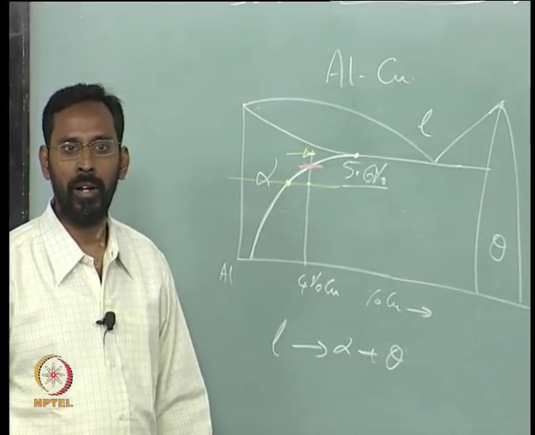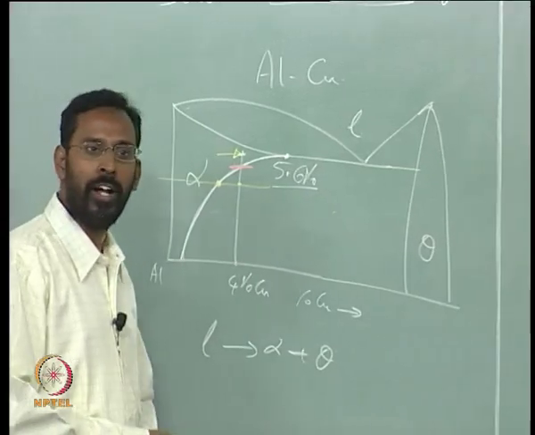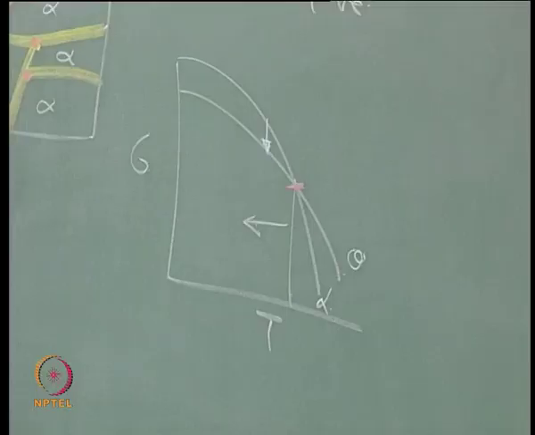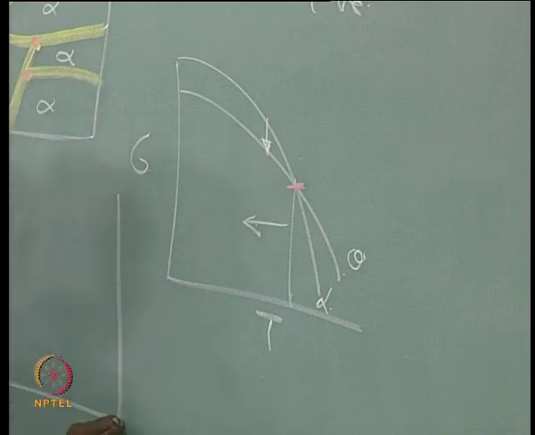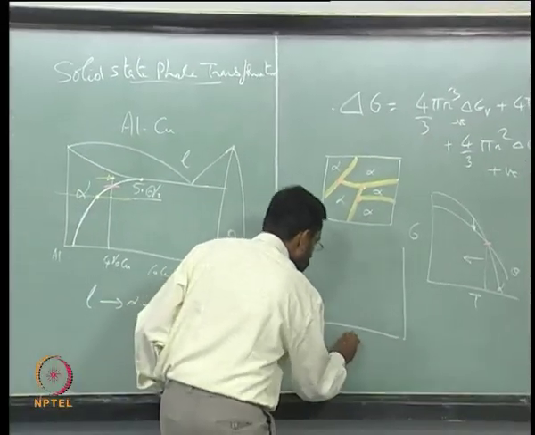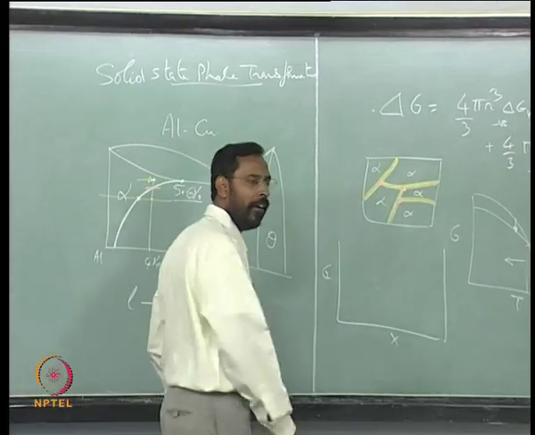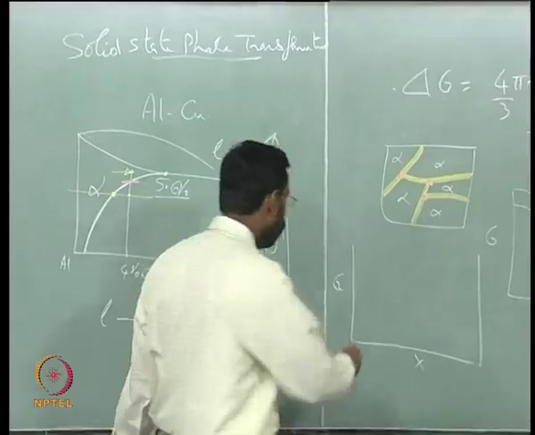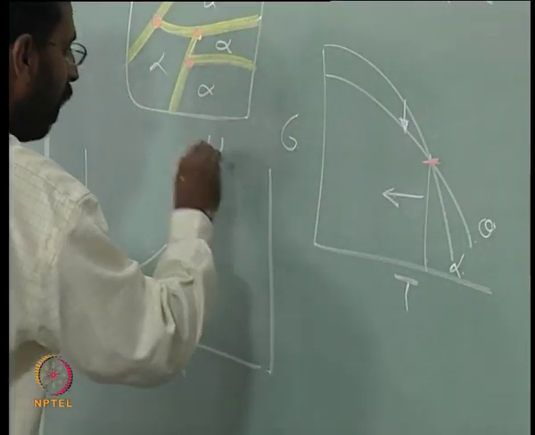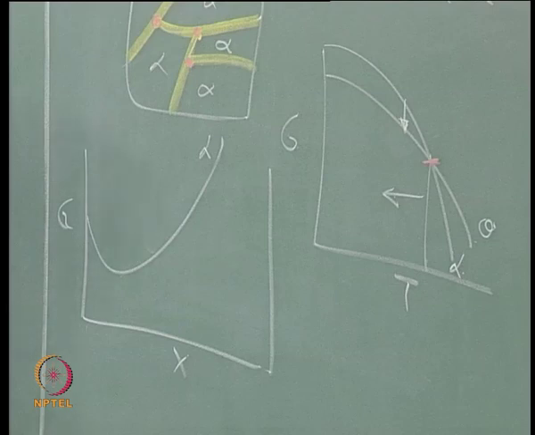In principle, if I write the free energy composition diagram, G versus X, we again have two phases, alpha and theta. You have the free energy of the alpha phase, and you have a theta phase, theta being an intermetallic compound, so its free energy composition curve is narrower, and it is supposed to be somewhere at 33.